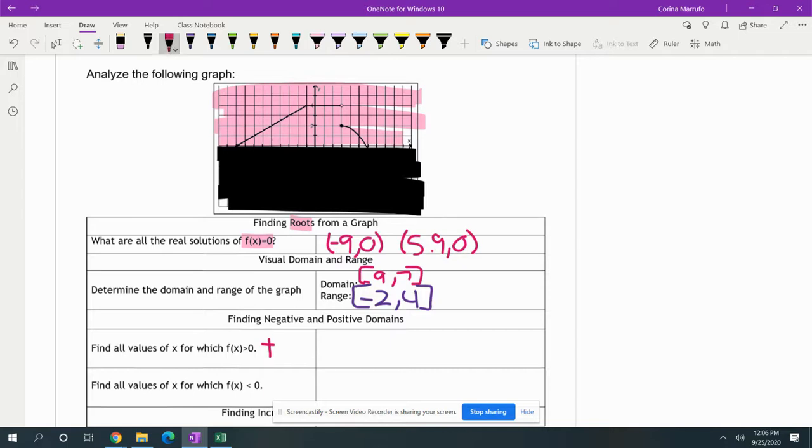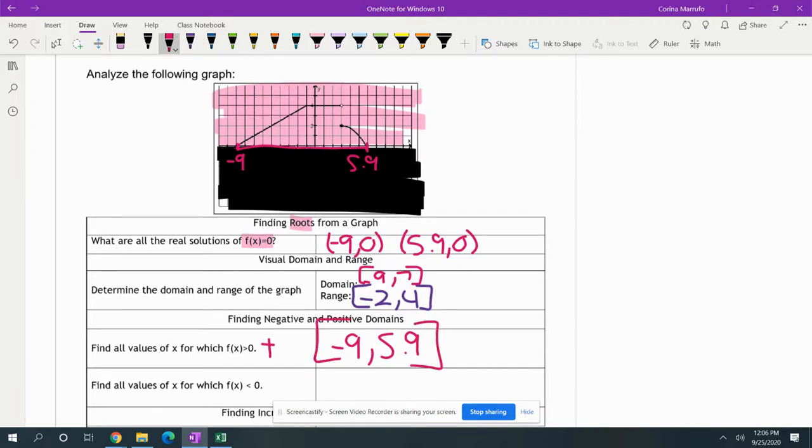Okay, so from here all the way up to here, it is above the x-axis. So this number is 1, 2, 3, 4, 5, 6, 7, 8, 9. This number is -9, and this number is 1, 2, 3, 4, 5, 6. Oh, that's the one we estimated, right? As 5.9. So it is positive between -9 and 5.9.